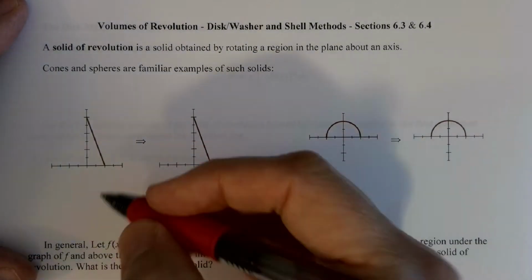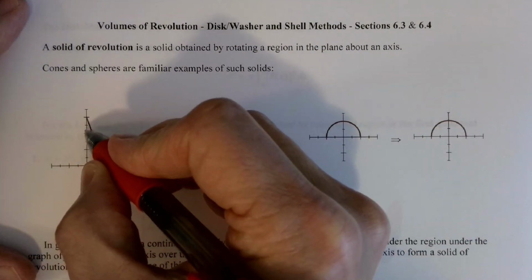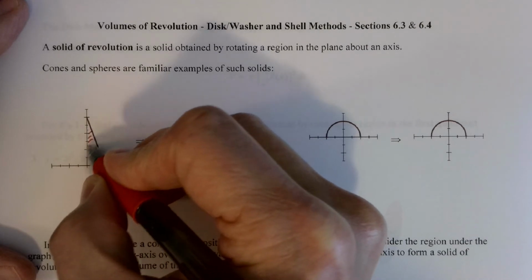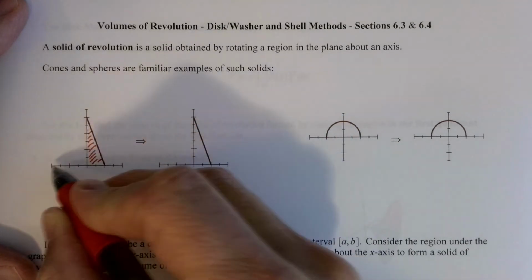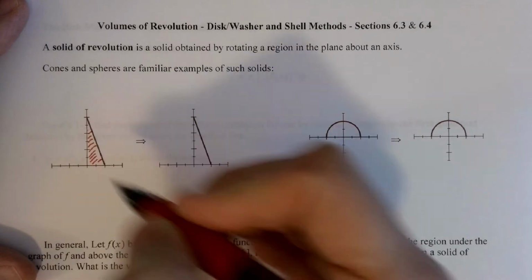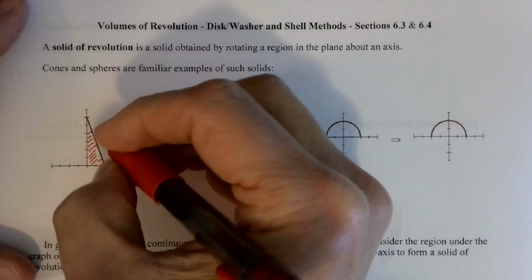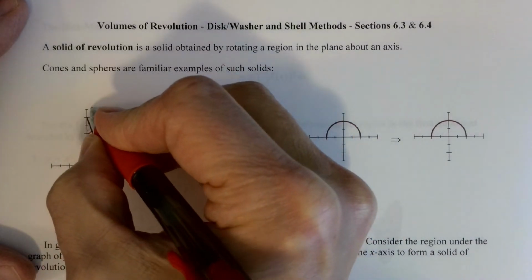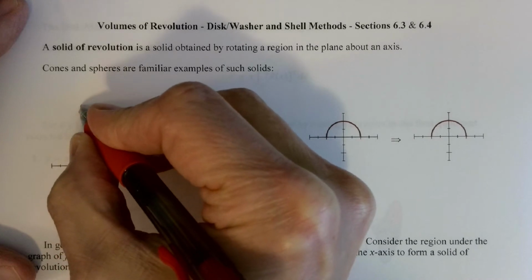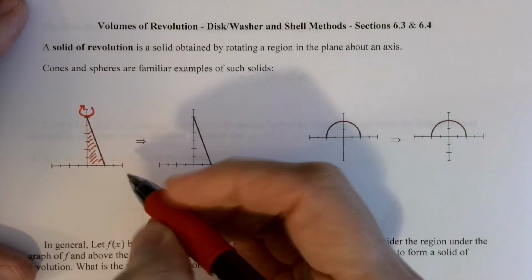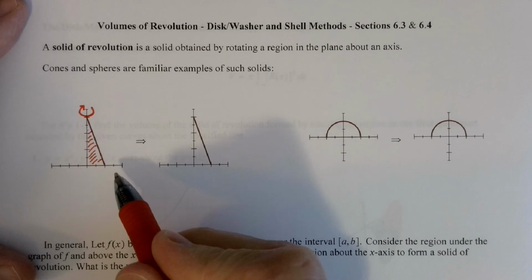So for example, if I talk about this region right here in the first quadrant, x-axis, y-axis, this little triangular region, if I talk about rotating it about, say, the y-axis, I'll indicate that by doing a little spin around. What do I mean by that? So it's going to be three-dimensional.